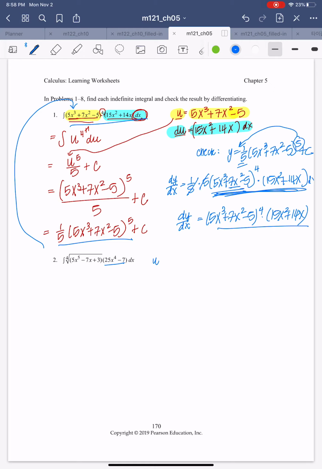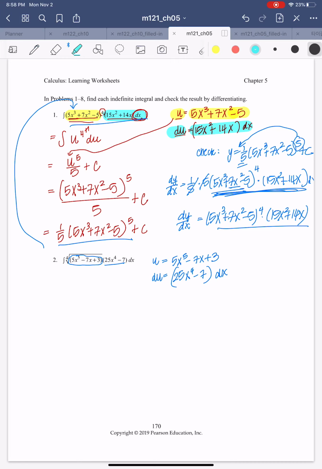This time I see that this function is underneath, which kind of reminds me of that chain rule. So I'm going to let u be my underneath function, which is 5x to the fifth power minus 7x plus 3. Then my du will be, if I take the derivative, 25x to the 4th minus 7 dx.